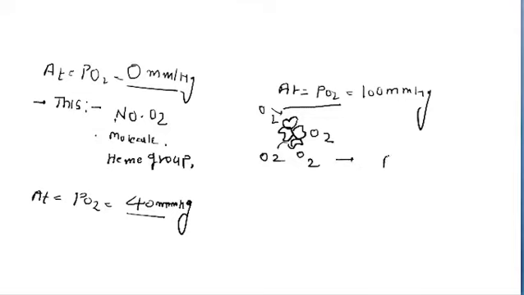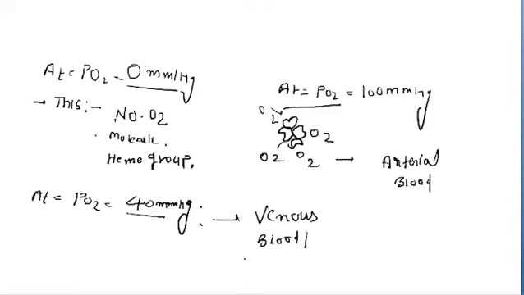This is the arterial blood, the oxygenated blood. And this is the venous blood, or in other words, deoxygenated blood.